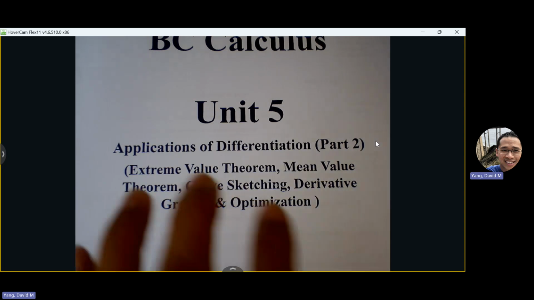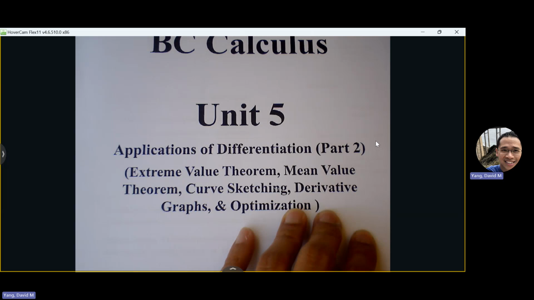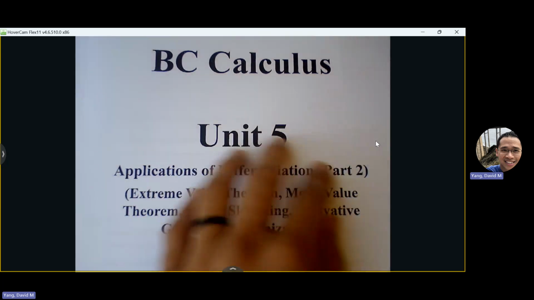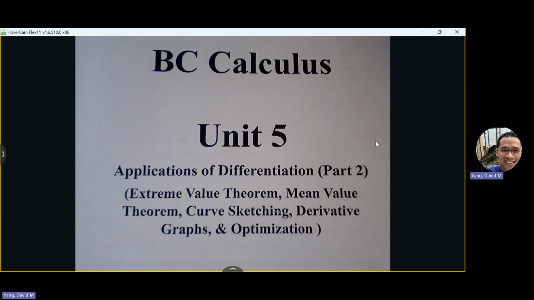After this, there's a lot here, but we're going to be moving into second semester content for AP Calculus. So we're almost done with all of the AB content.